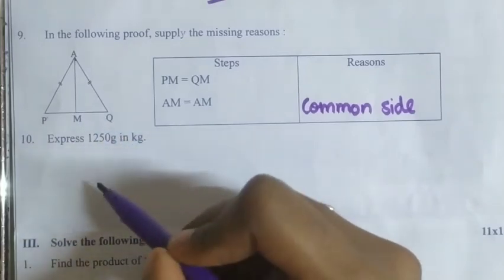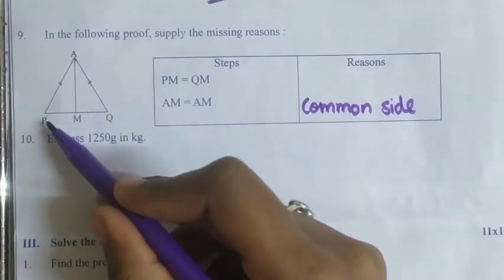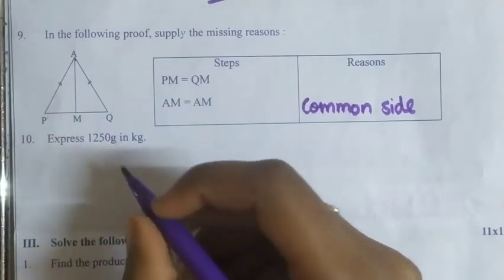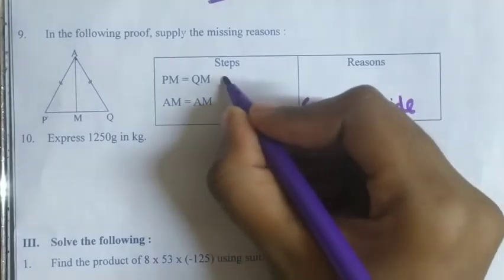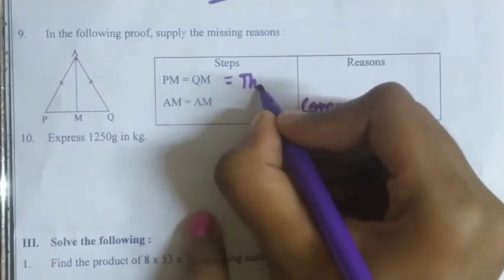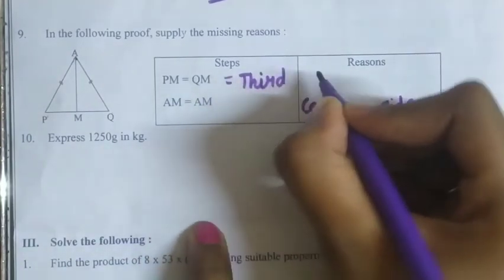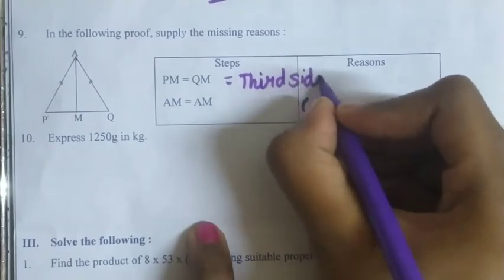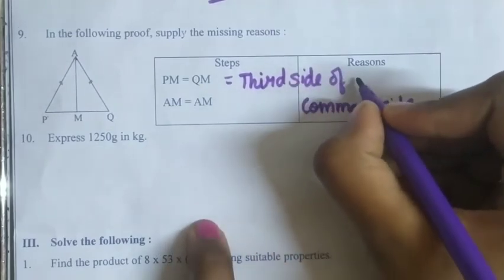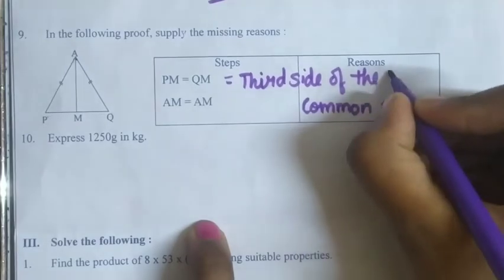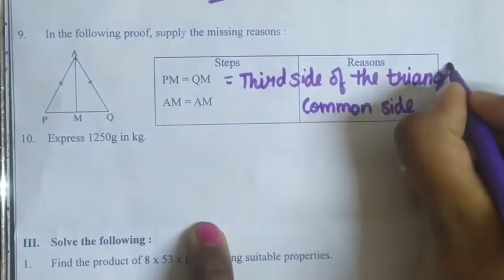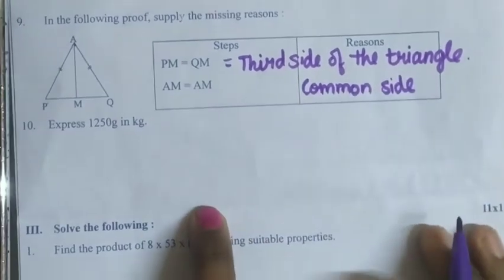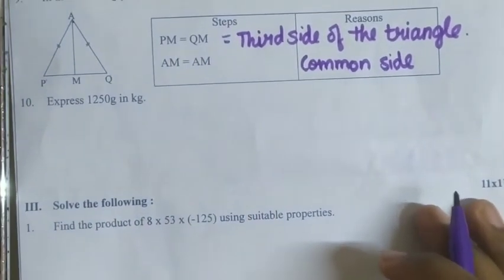PQ is the third side of the triangle. That's right. Third side of the triangle. So the next question is 10th one.